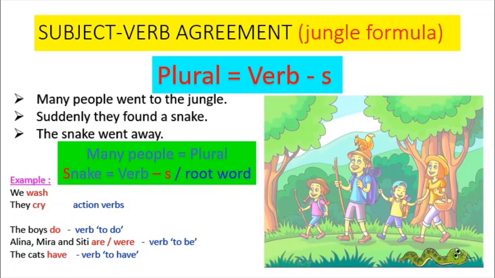Now look at the example sentences. They wash and they cry. Wash and cry are action verbs. The boys do. The boys is a plural subject because we can see there is S after the noun boy. So, if the noun is plural, the verb to do is do without the S. Next, Alina, Mira and Siti.